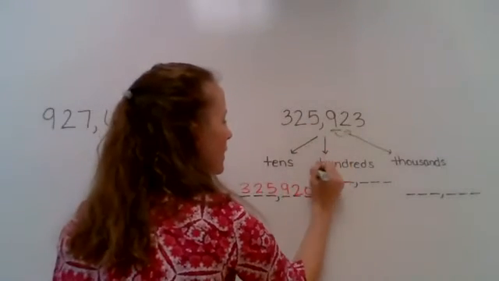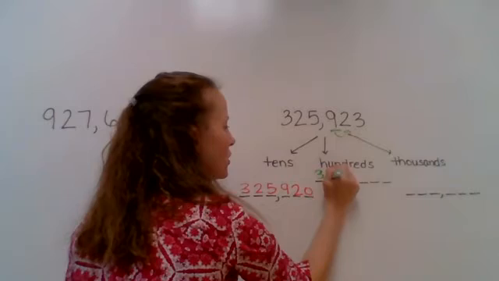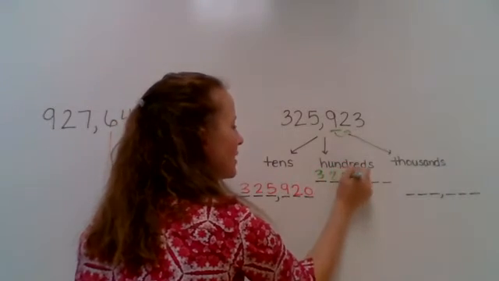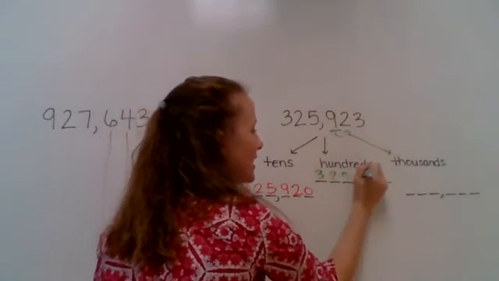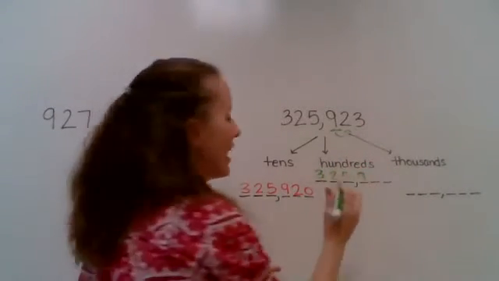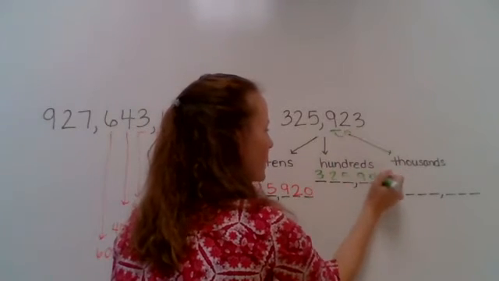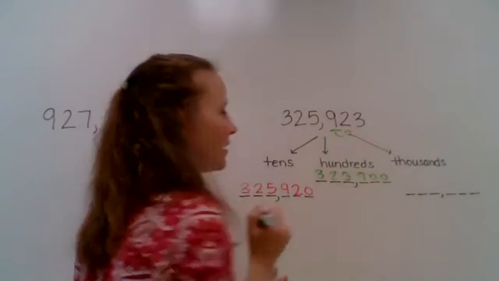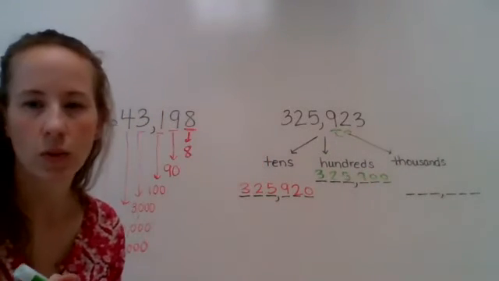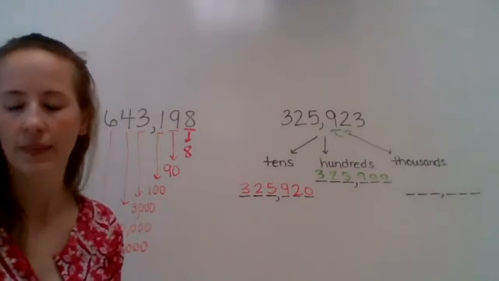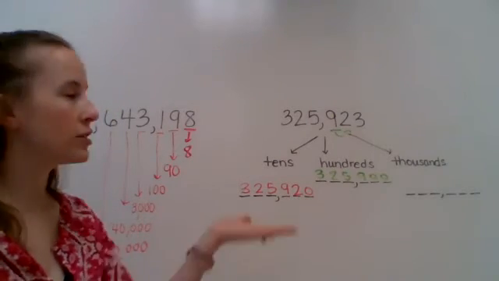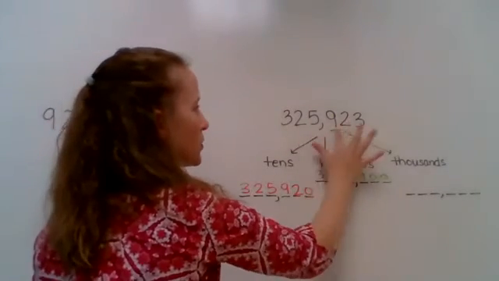So I'm going to keep everything in the front, 325,000. I'm going to keep that as a 9 for 900, and everything else becomes a 0 because I rounded. So my answer was 325,900.